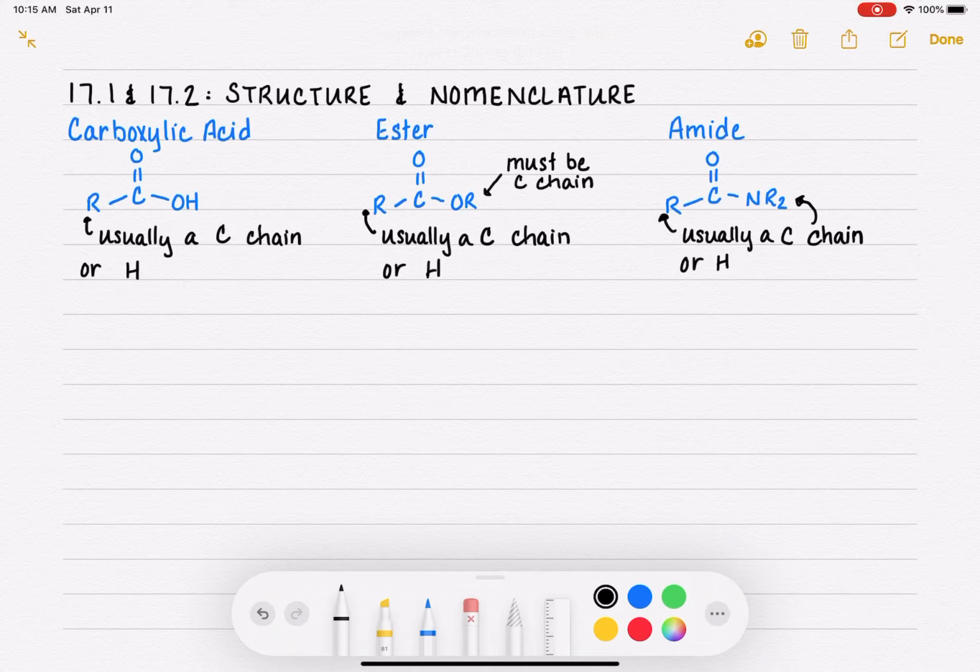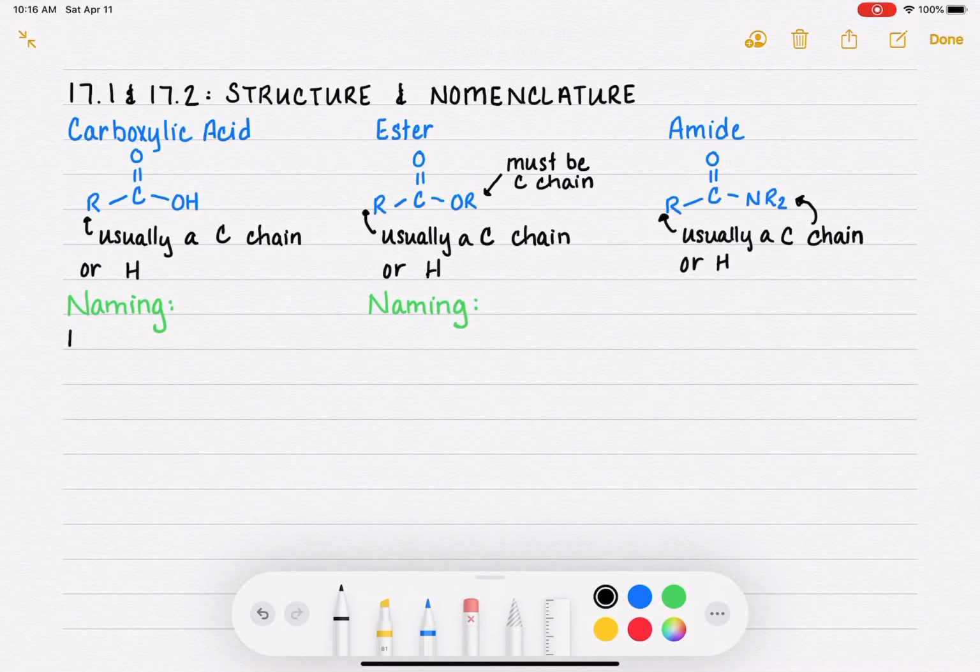We're going to learn how to name only the carboxylic acids and the esters. So we're not going to learn how to name amides. We're going to first look at naming the carboxylic acids, and then go to a worksheet and practice some carboxylic acid naming. Then we'll come back to these notes and look at the naming of the esters.